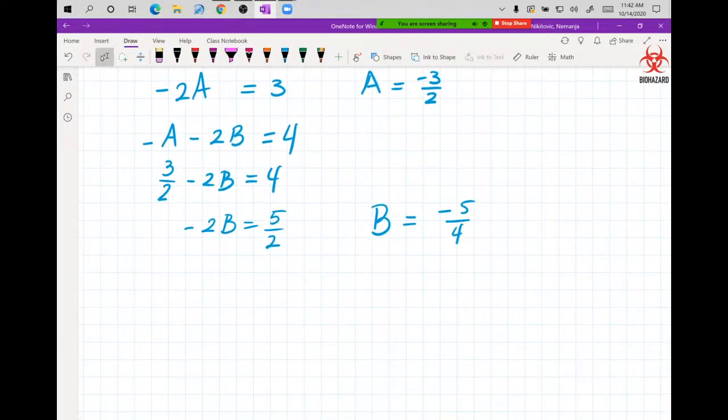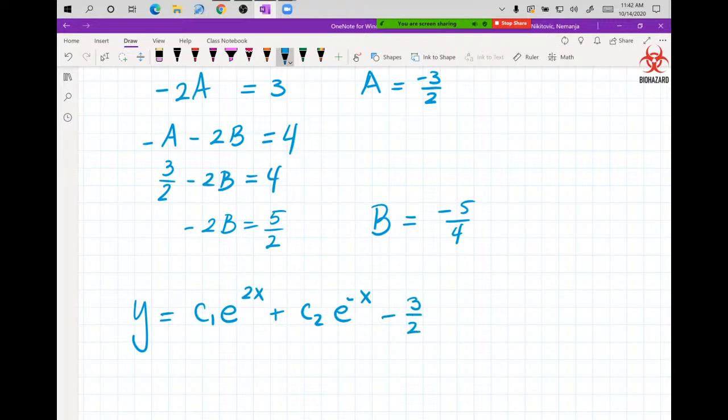So now the solution is y equals c1 e to the 2x plus c2 e to the negative x, minus 3/2 x, minus 5/4.